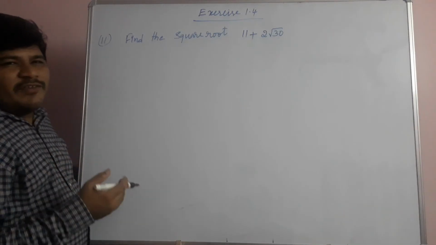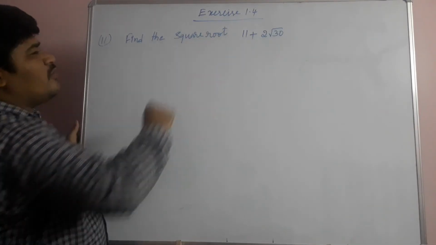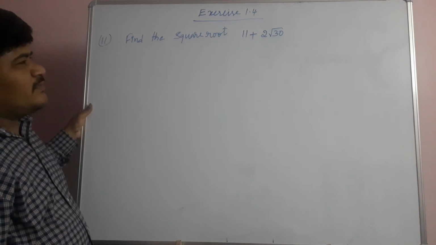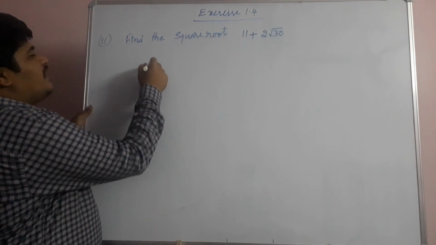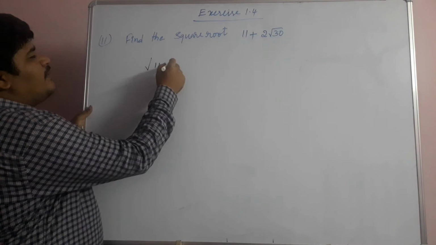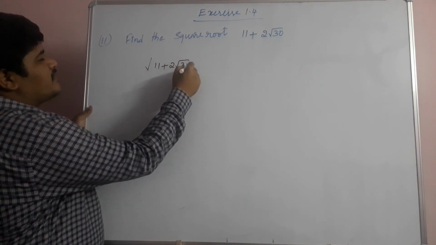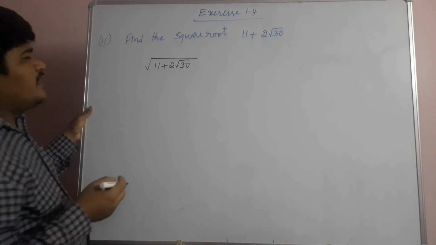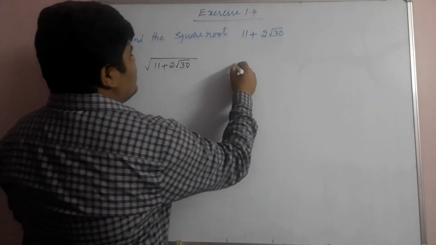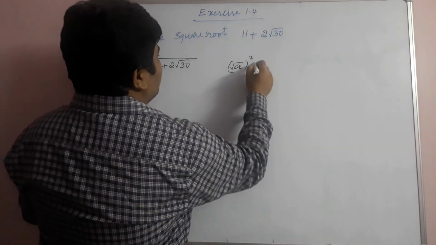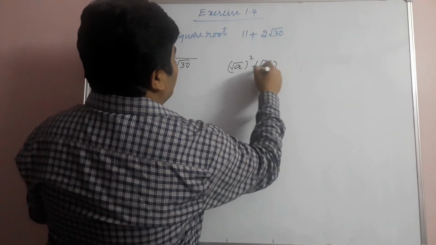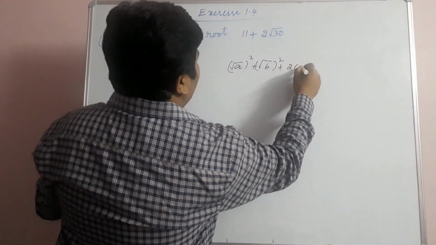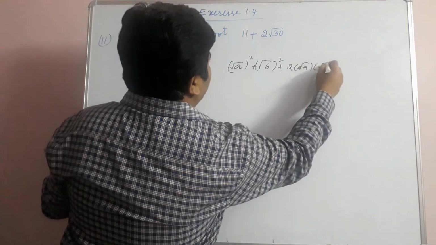Now problem number 11. Find the square root of 11 plus 2 root 30. This is the question. Symbolically we can write it like this, under root of 11 plus 2 root 30. Now students, here we have one formula: root a square plus root b square plus 2 into root a into root b.